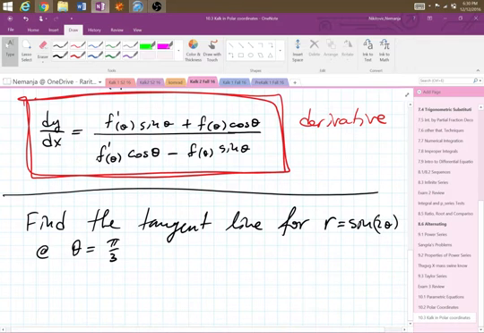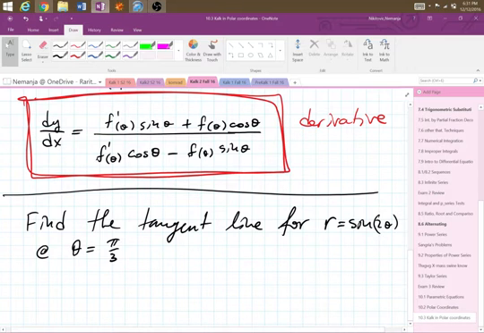There's no need to flip the book. You know what the derivative of sine 2 theta is. Plug whatever you want; you're just mechanically plugging things in. Replace every f and f prime with, guys, this is your f of theta. r equals f of theta. That's like when you say y equals f of x.